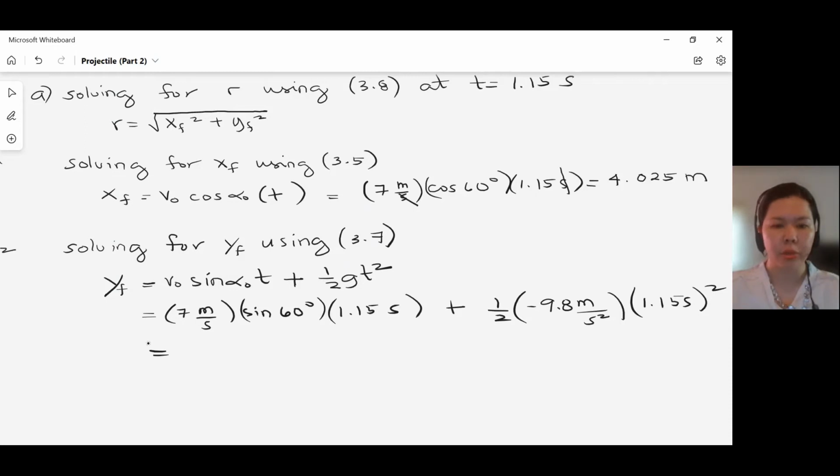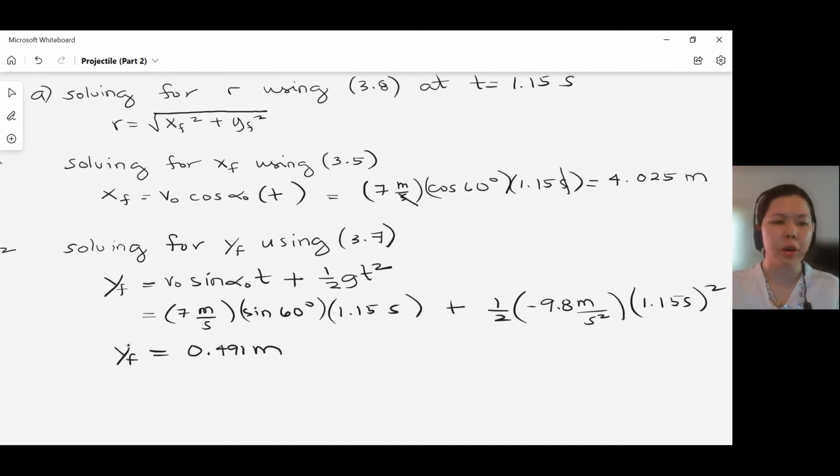Using your calculator, execute the first term 7 times sine 60 times 1.15, then plus open parenthesis 0.5 times negative 9.8 times 1.15 squared close parenthesis equals. You should get an answer of 0.491 meter.